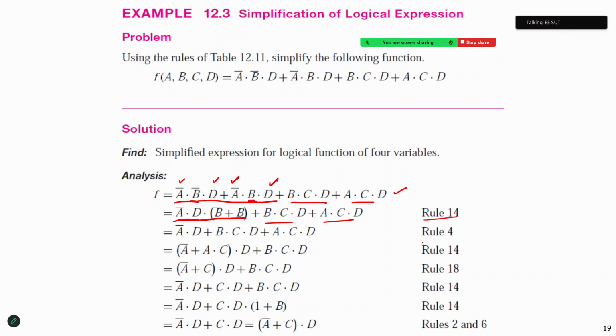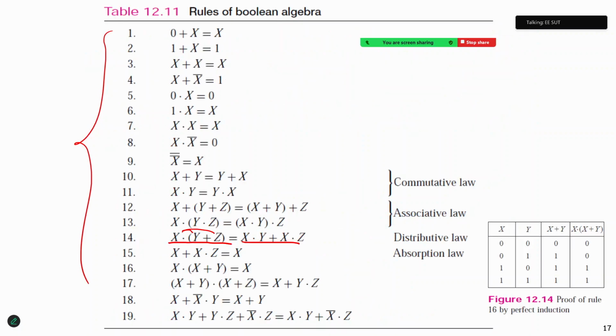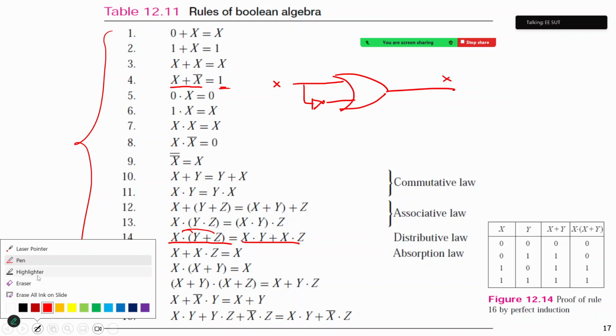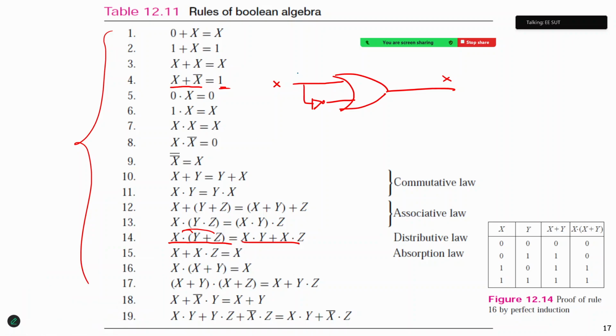Then we can use rule 4. What is rule number 4? Rule 4 says x or its inverse is always 1. If x is 1, the output is always 1.